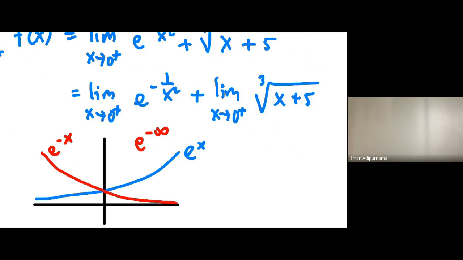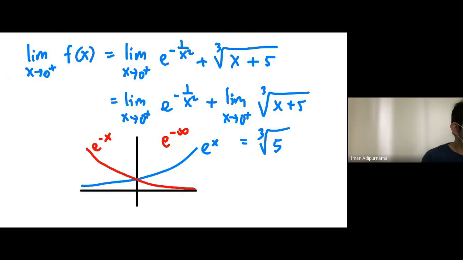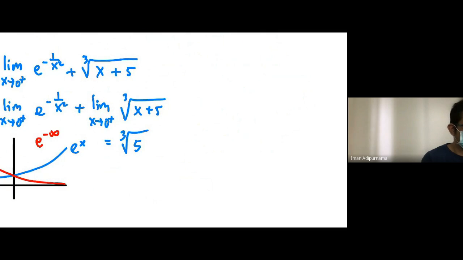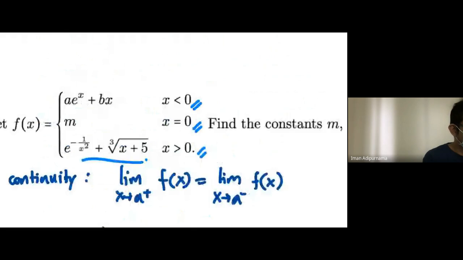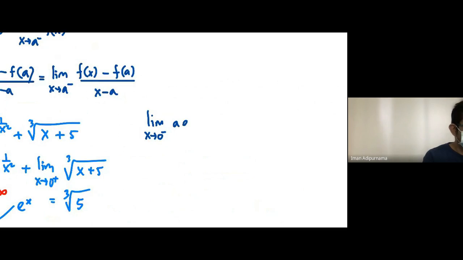That is the first. And the second one here is just 5 with cube root. That is the limit from the right. Now if we maybe use a different color, check the limit from the left. This is precisely the constant, the a. Let me write a e to the power of x plus bx.